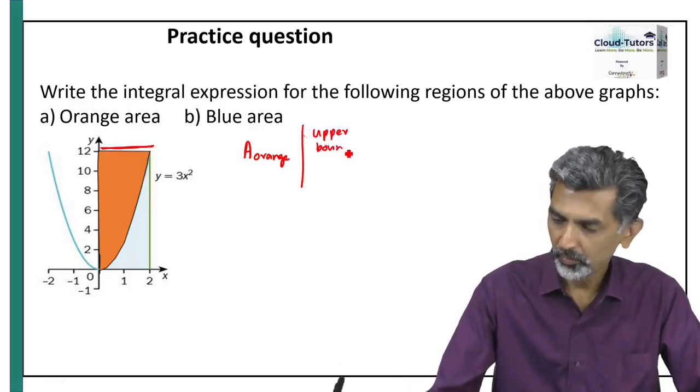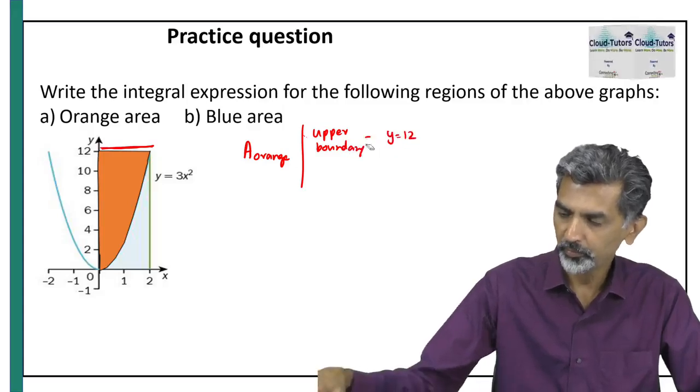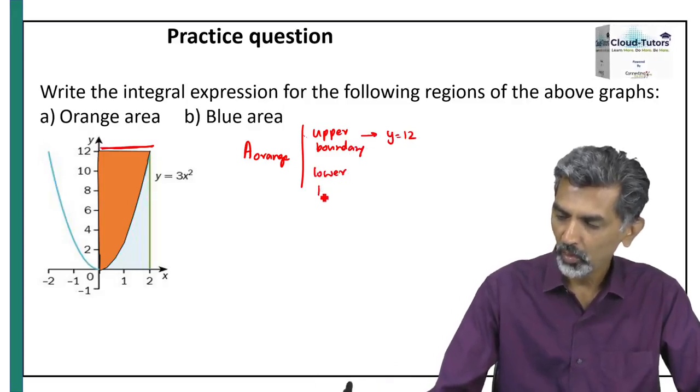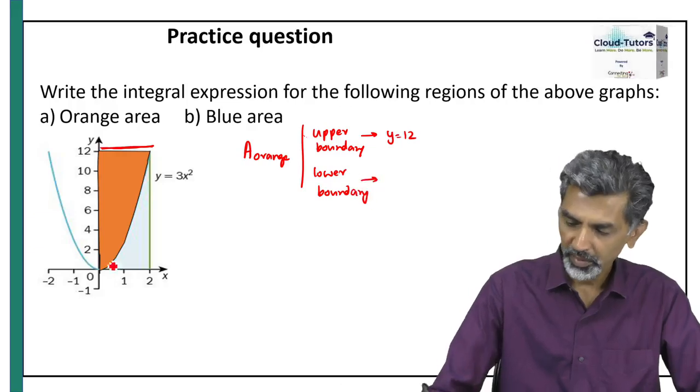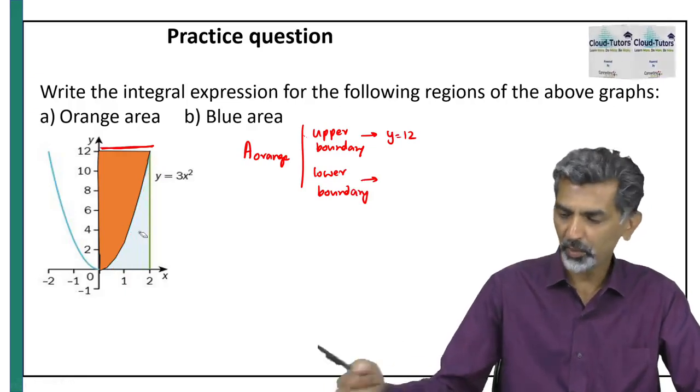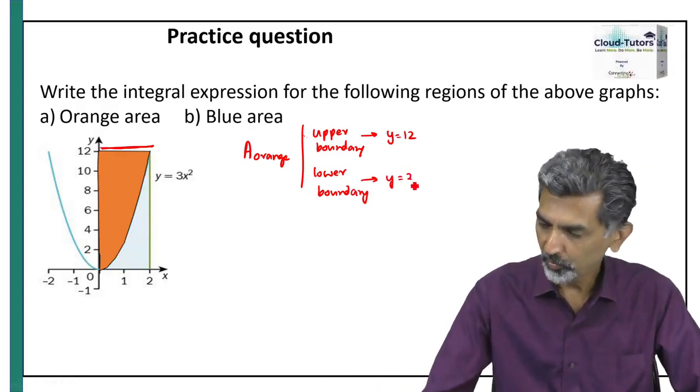And what is the lower boundary of the orange region? It is this curve here, and that is y is equal to 3x square.